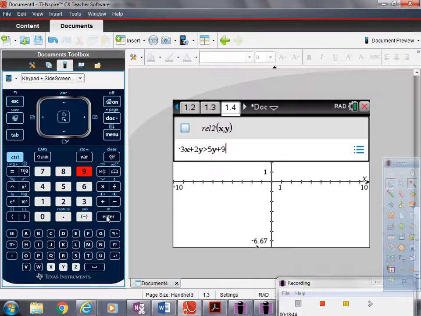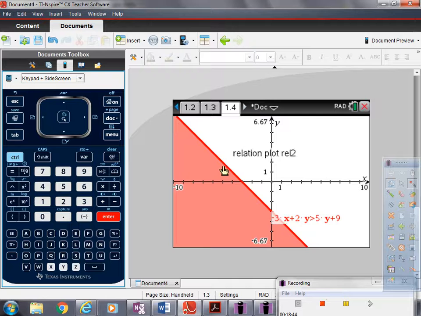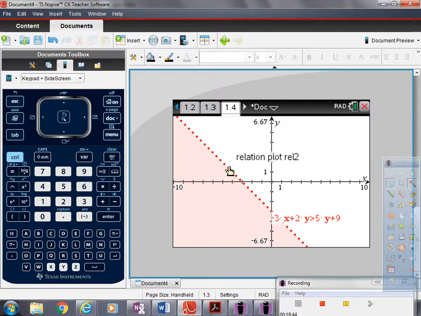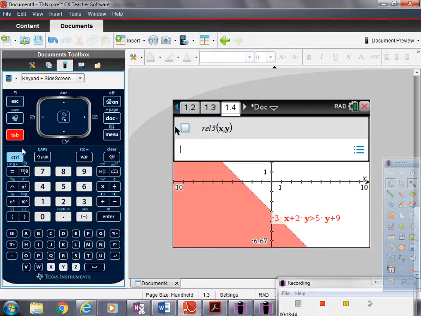So hit enter. You can see what this graph would look like. Click on the line, that's a dotted line, the shading's below. So we can find another inequality that gives us the same picture. That's the equivalent one. So you want to hit tab and type each one of these.